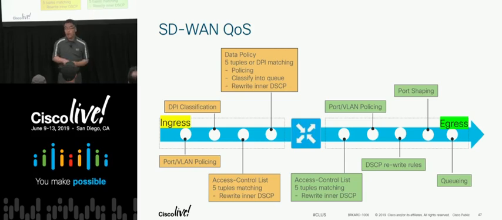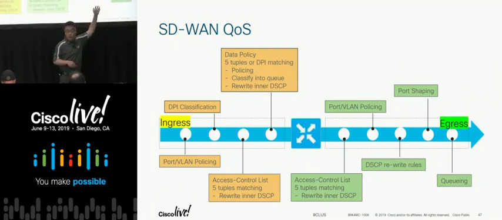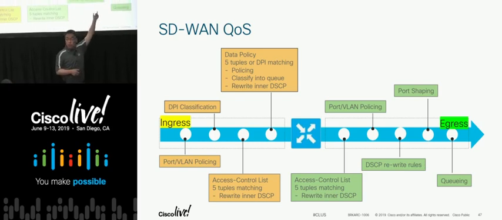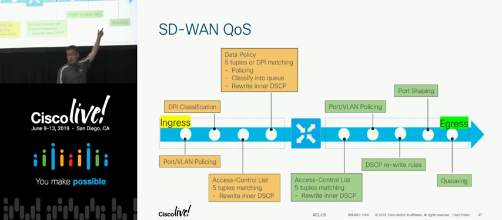Then the port VLAN-based policing on the egress interface. And there are the DSCP rewrite rules, which allow you to rewrite the outer encapsulated GRE header DSCP values. Then apply the shaping on the egress port, and the traffic will be subject to your queuing configuration.